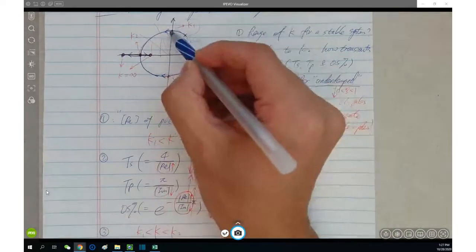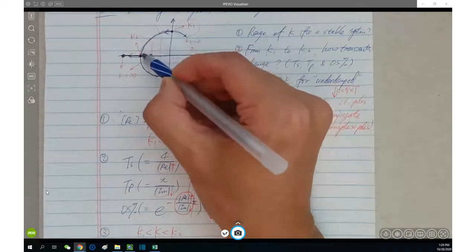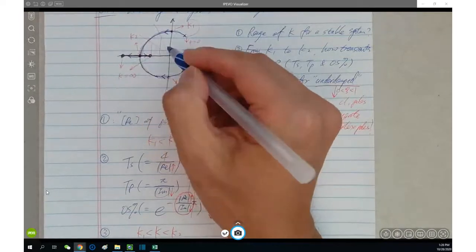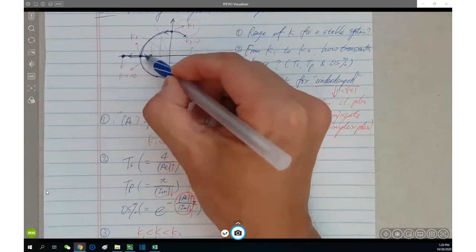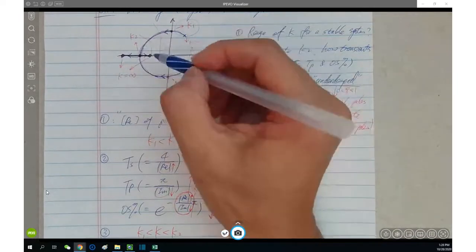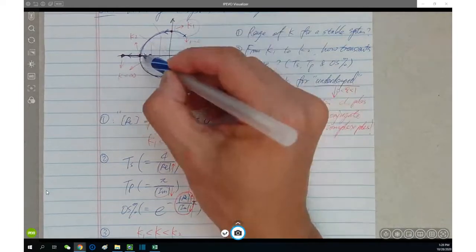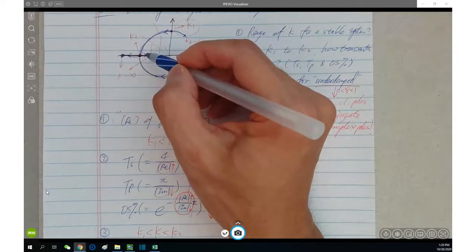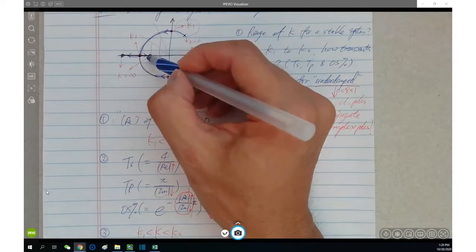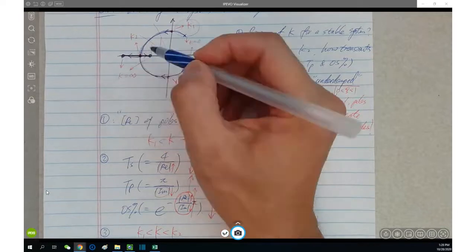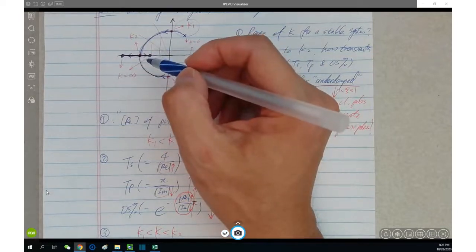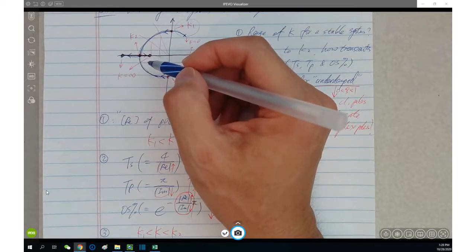After K1, the root locus is along the real axis, this part, which means K is greater than K2. Does this make sense? It's K greater than K2, your root locus is along the real axis. And the meaning also is that closed loop poles are real numbers. They are not complex conjugate poles. Does it make sense?